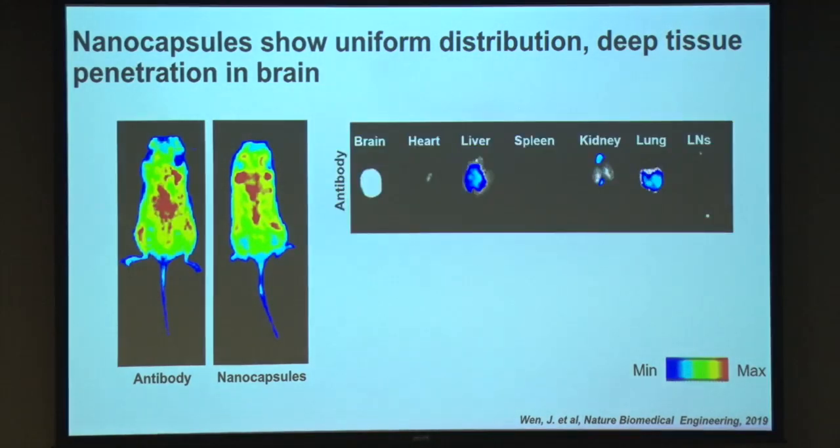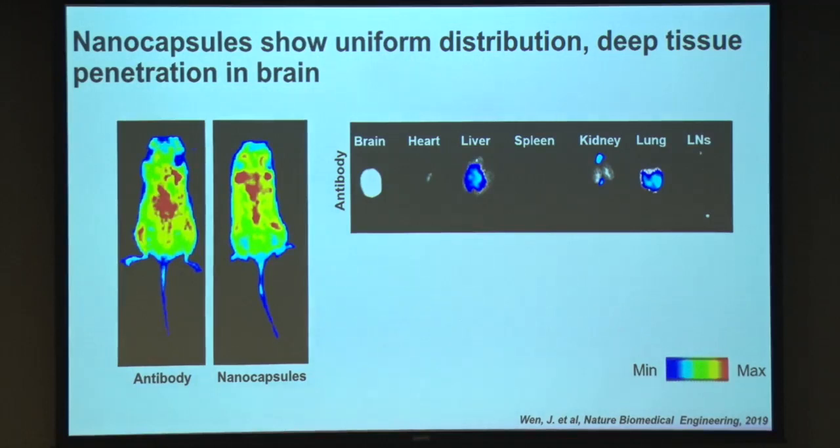Then comes the most important part: why is brain delivery so hard? This is the antibody. Antibody is a macromolecule. Because of the blood-brain barrier, almost 100% of macromolecules cannot get into the brain, and almost 95% of small molecule drugs cannot get into the brain.